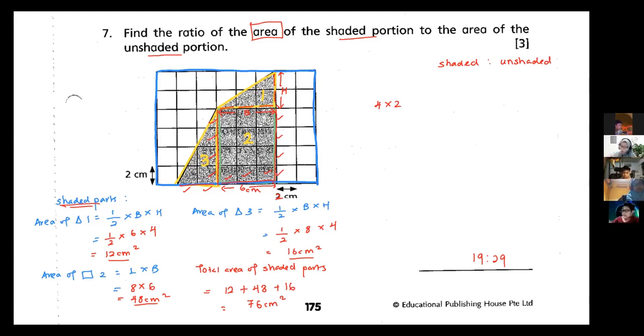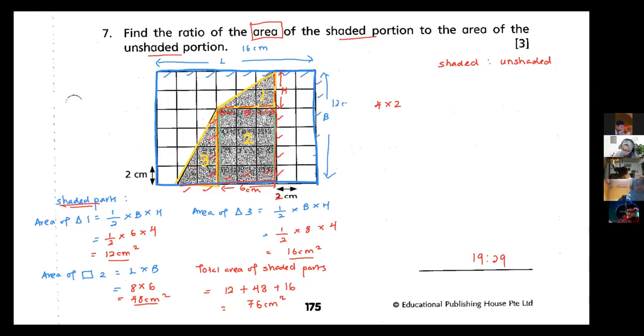The whole rectangle, the one that I outline in blue, this is my length and this is my breadth. The length will be 2, 4, 6, 8, 10, 12, 14, 16, so 16 cm. Then the breadth will be 2, 4, 6, 8, 10, 12.